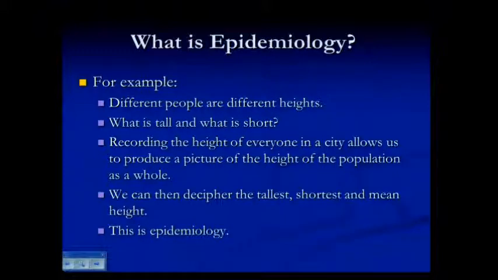So, if we look at the whole population and worked out what height they all were, then we could get an idea of the population as a whole. And then we can look at the tallest block and the shortest block, and then we have a reason to call these people tall or short. So that's epidemiology. It's giving us boundaries, looking at averages, looking at the extremes, and that type of thing, in a large group of people.